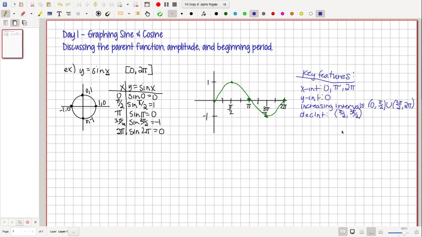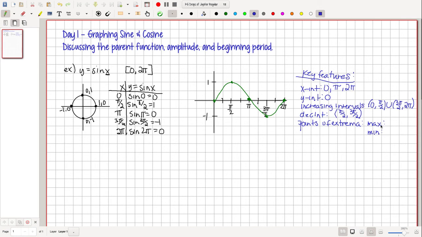Okay? The next thing I'm going to talk about, and we've said this word before, but I don't use it often enough, and it's something that we use in calculus quite a bit. Points of extrema. Guys, points of extrema are just maxes and minimums. That's all it is, okay? So, points of extrema.